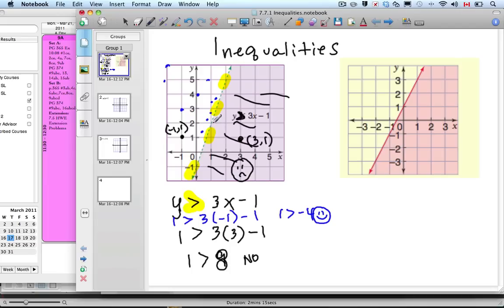Let's try the point 1, 2 and plug it in. So now we have 2 greater than 3 times 1 minus 1. Is 2 greater than 2? No. So it's not part of what we want. That's why we dotted it. If we wanted it to be included, then we'd make it solid.